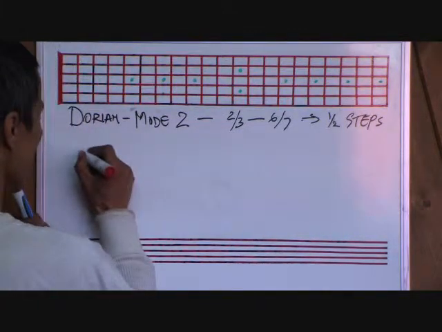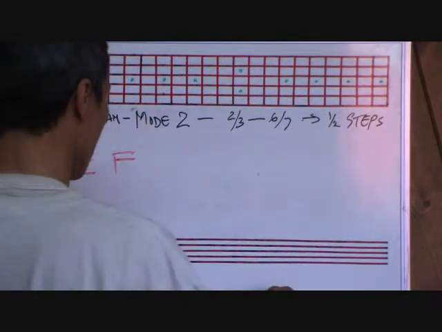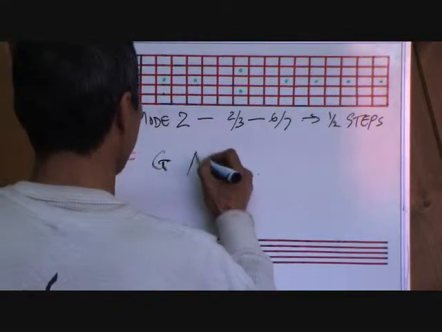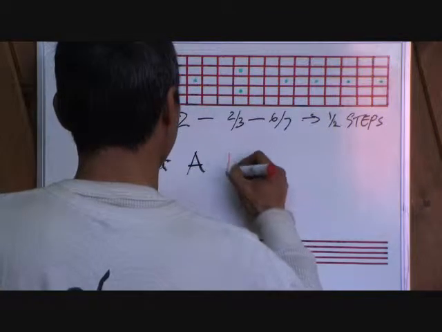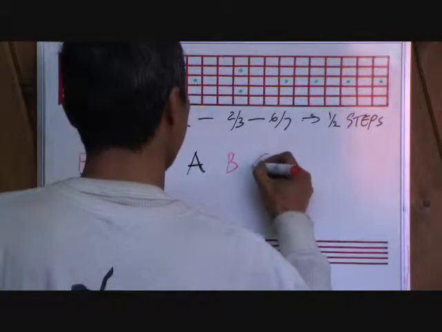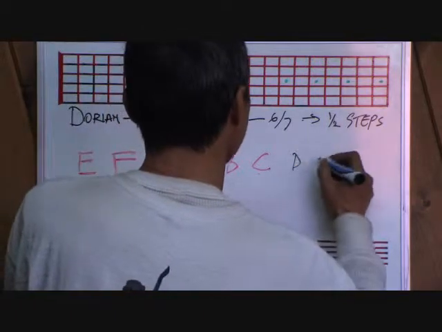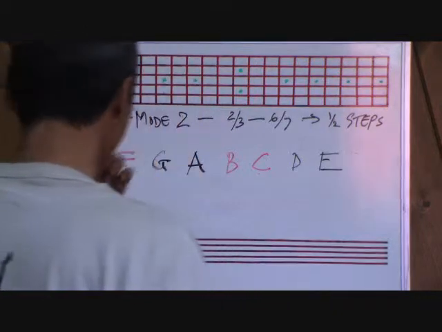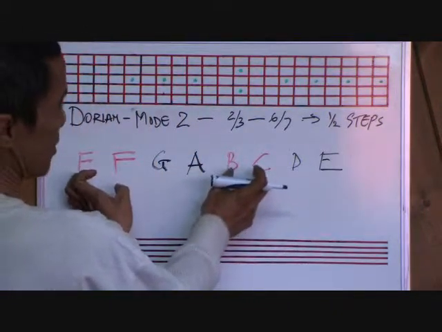E as the first, F, G, A, B, C, D, E. Okay, I'm using red to remind you that it's B to C and E to F.